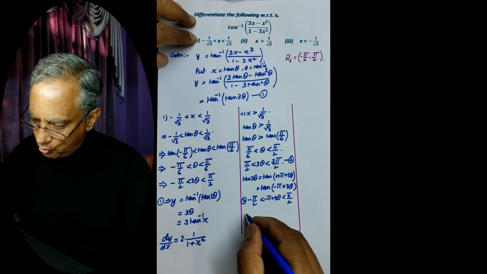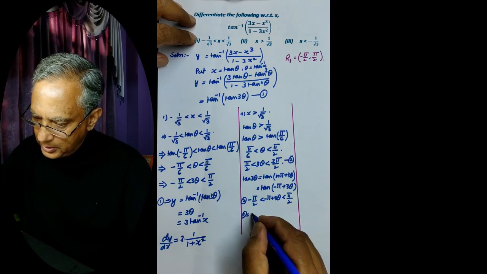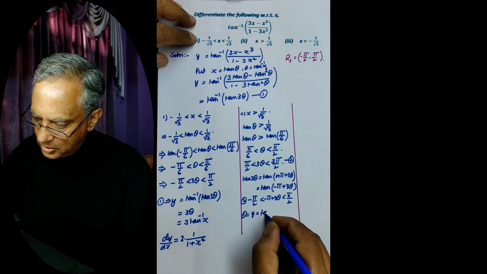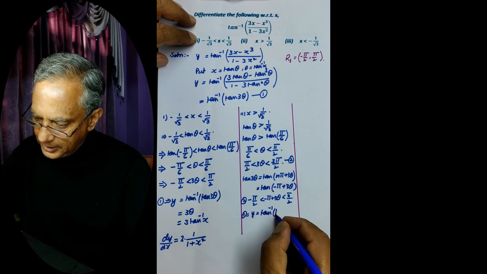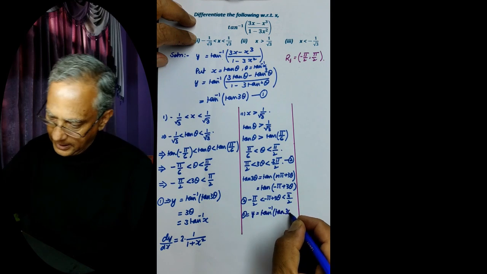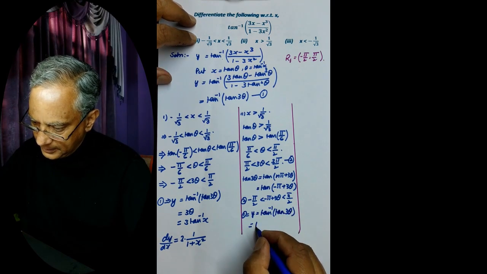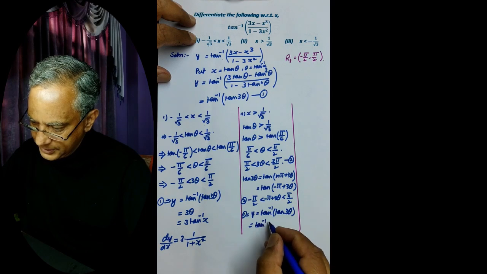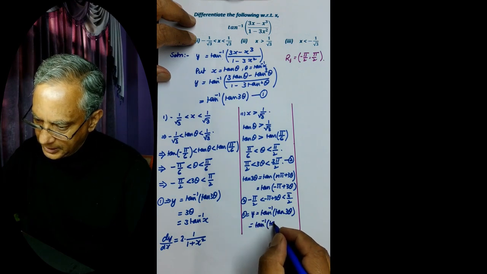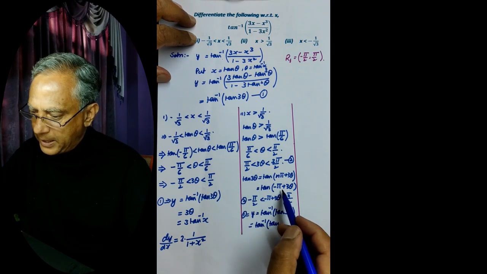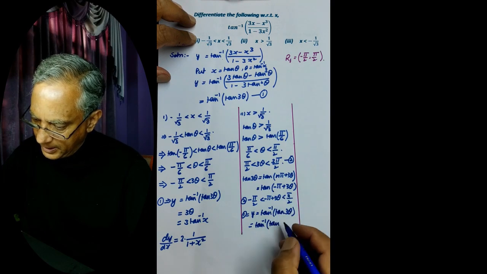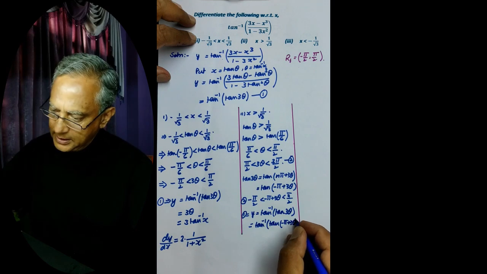So we can write y is equal to tan inverse of tan 3 theta, and this is equal to tan inverse of tangent minus pi plus 3 theta, since tangent 3 theta can be written as tangent minus pi plus 3 theta, and minus pi plus 3 theta is within the range of this function.